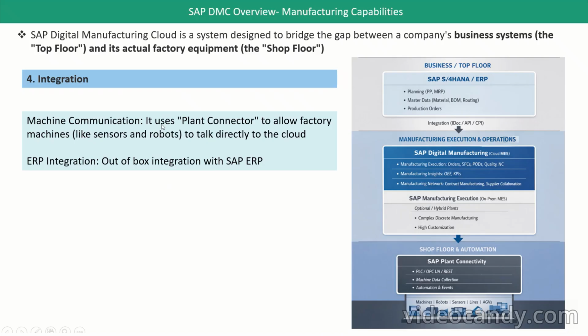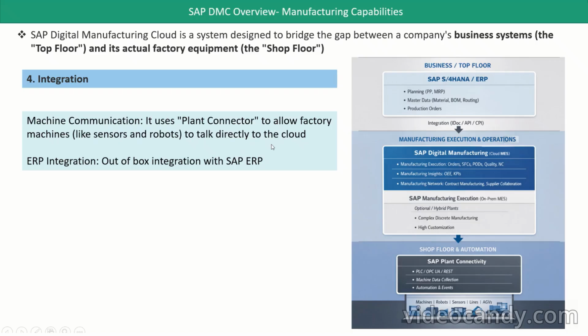Now coming to the integration part. Integration consists of two types. One is machine integration, where SAP Digital Manufacturing on cloud interacts with plant floor and shop floor machines and interchanges data from sensors or PLCs to SAP Digital Manufacturing on cloud, or from digital manufacturing to plant floor systems.